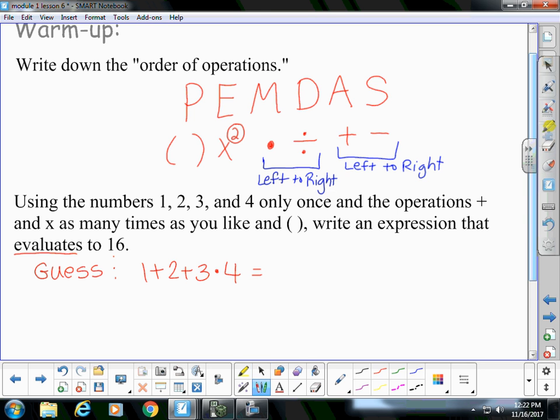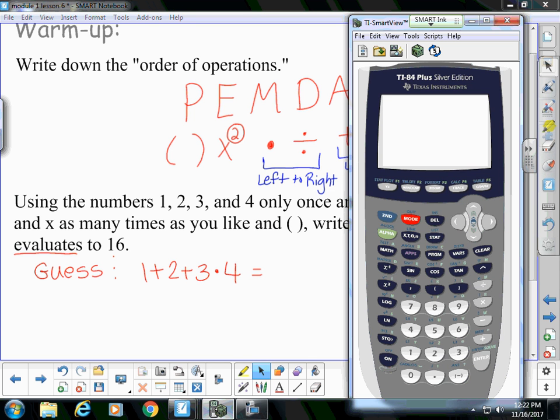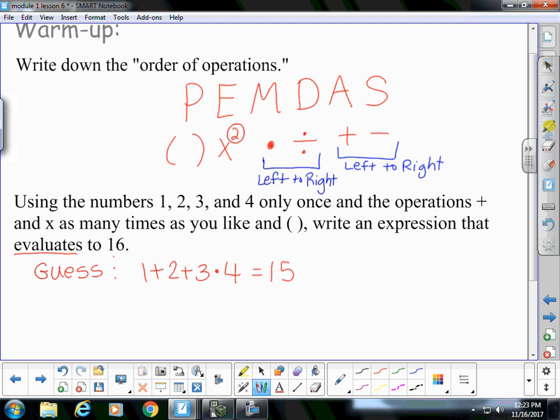You can just use your calculator and see what you get. So in this case, 1 plus 2 plus 3 times 4 comes out to 15. So I was close, but not quite right. So this is my check. It came out to 15. That's not right, so I try again.